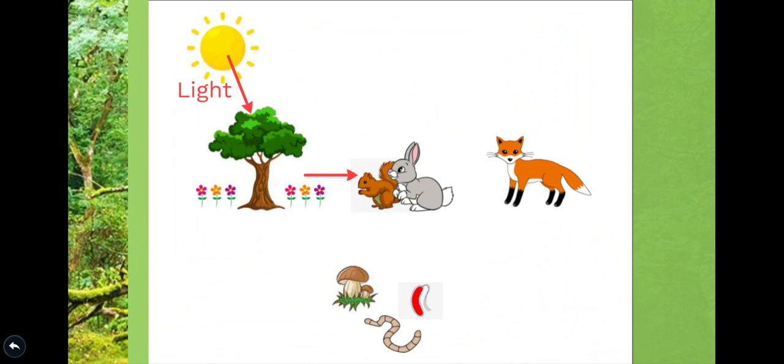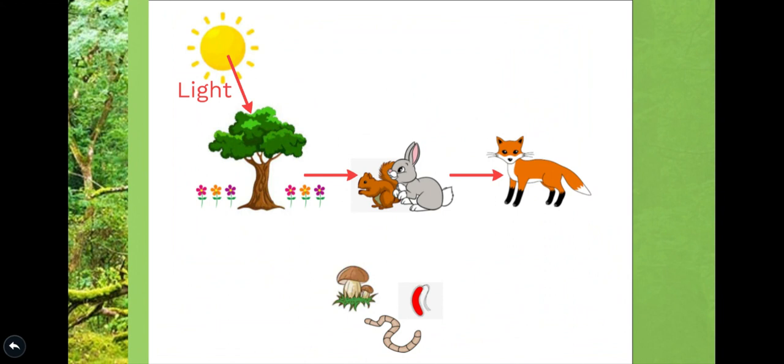They do not eat plant material unless it's absolutely necessary, and that's represented by this arrow here. Now, each of these arrows represents the flow of energy. So energy flows from the sun into the plants, and then into the squirrel and the rabbit, and then into the fox.